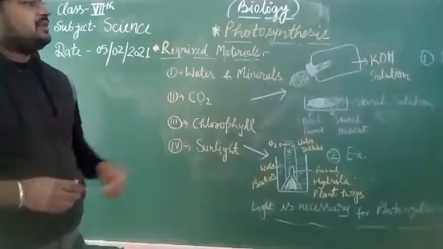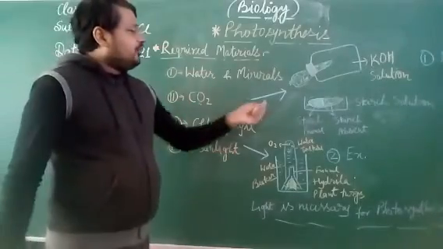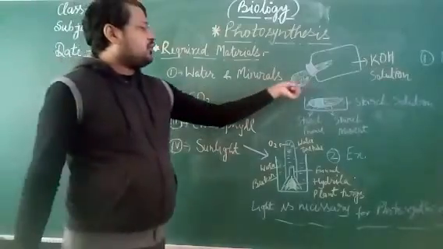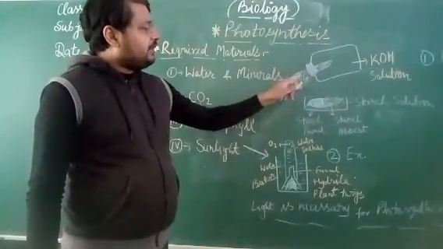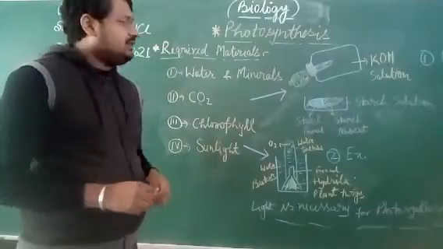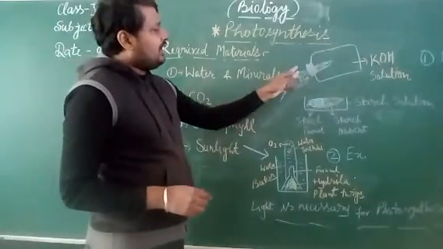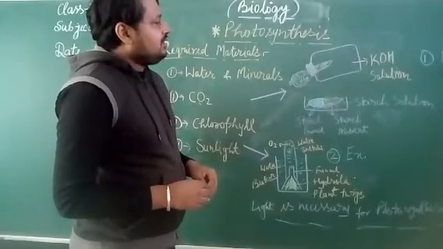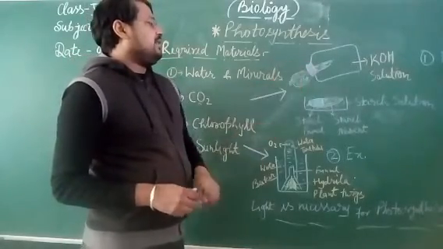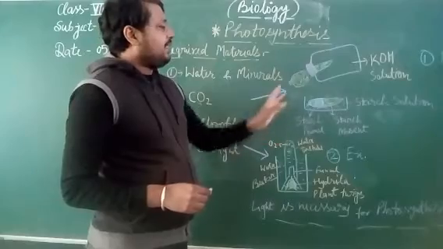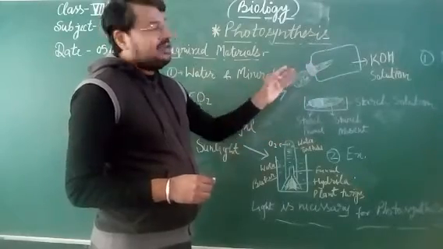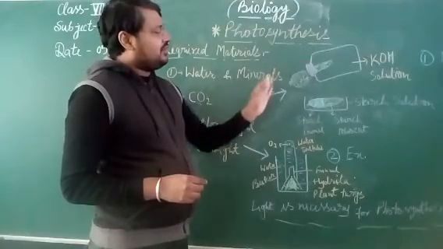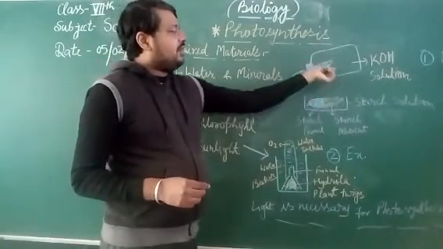In the first experiment, you will get to know how important carbon dioxide is for the process of photosynthesis. In this experiment, a green leaf is taken, and half of the leaf is kept in a beaker where KOH solution is there, and the opening is sealed, so the leaf is placed half in the beaker and half outside.